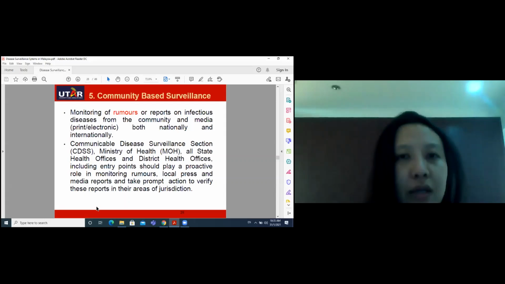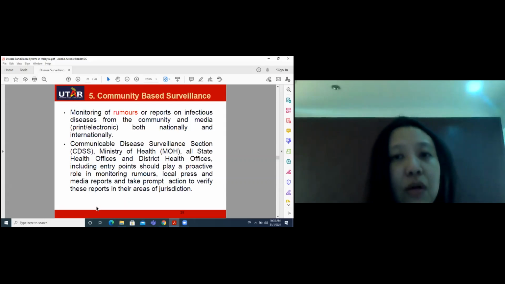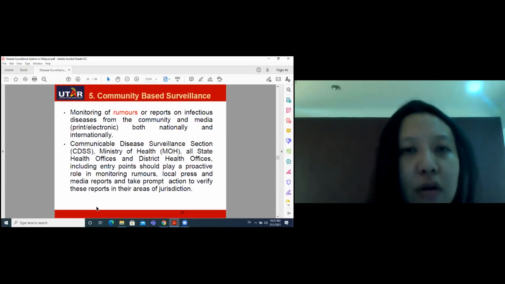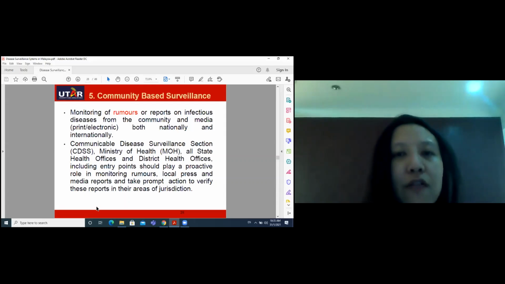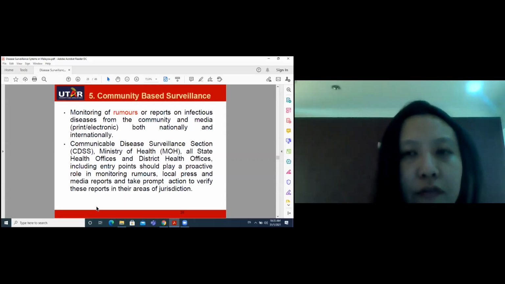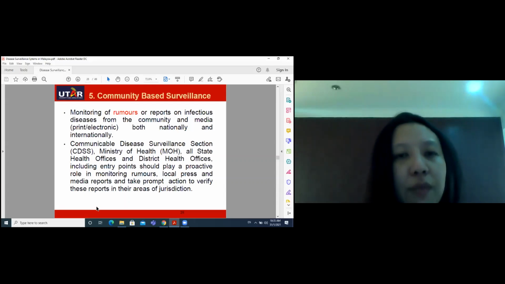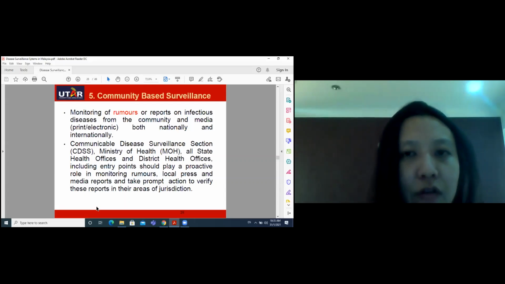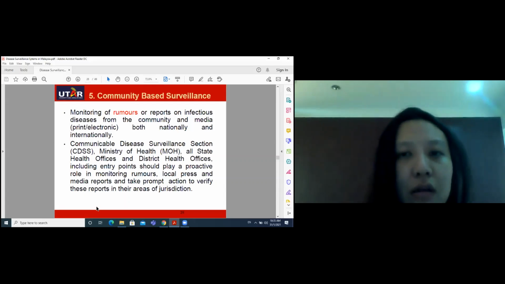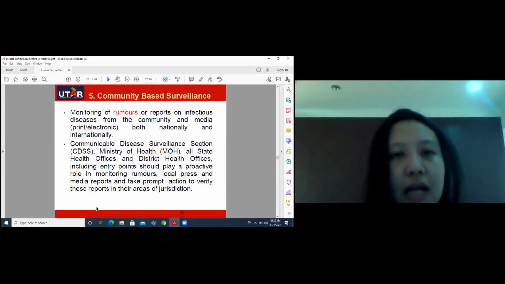Finally, we have community-based surveillance. Basically we monitor rumors or reports on infectious diseases from the community and also from the media, either hard copy or electronic soft copy, both nationally and internationally.